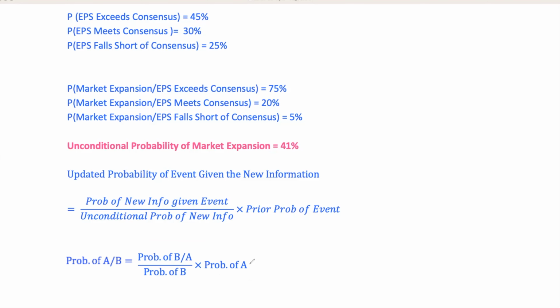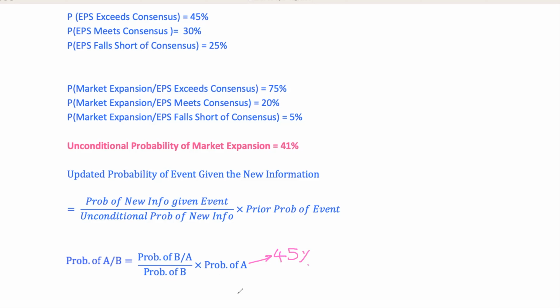Probability A is the prior probability, the initial probability of the event, that is earnings exceeding the consensus estimate before considering event B, which is the decision to expand. This is 45%.